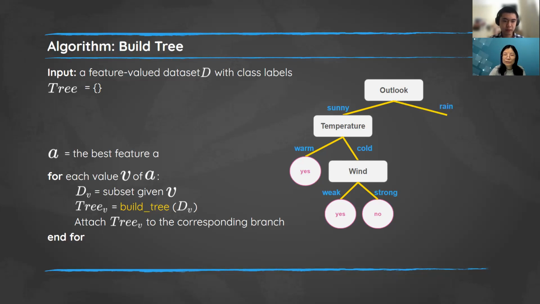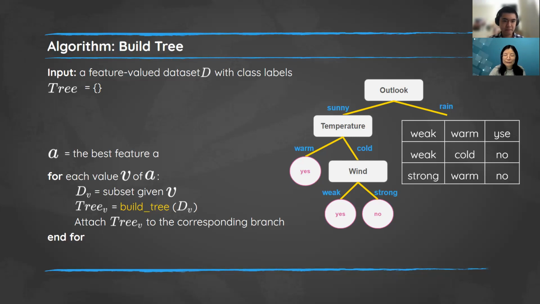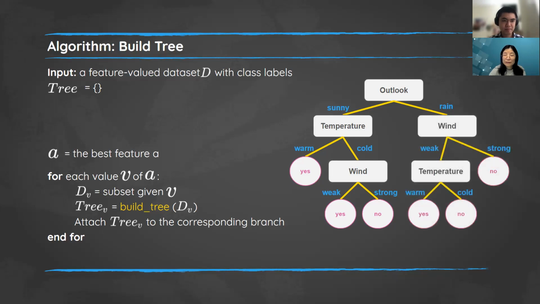It's the same for the Outlook branch of rain. In those sub values, we break them into branches like weak or strong.